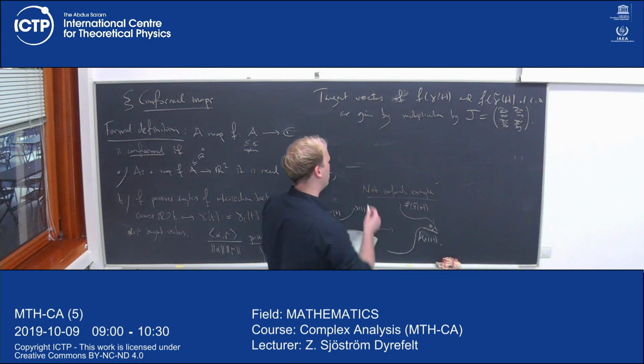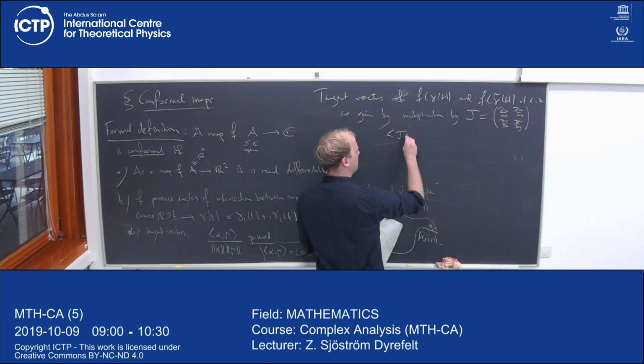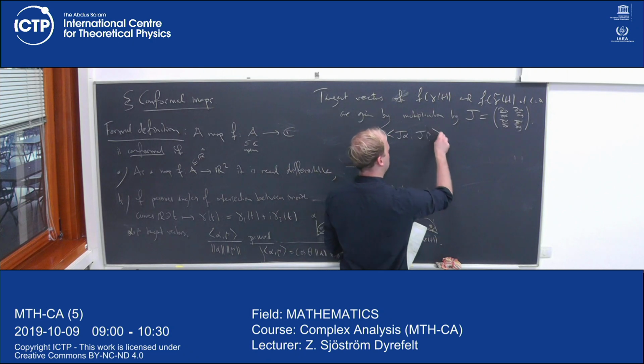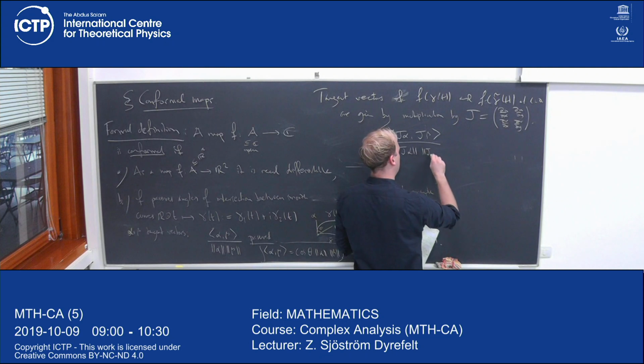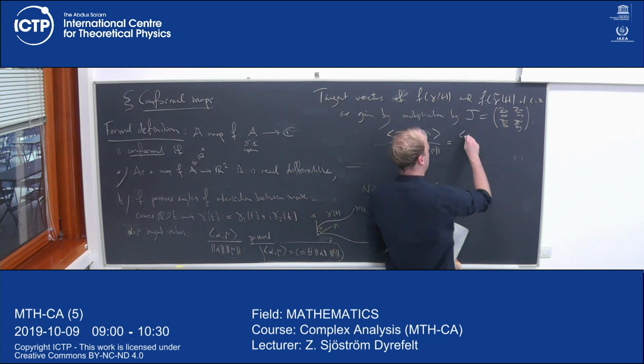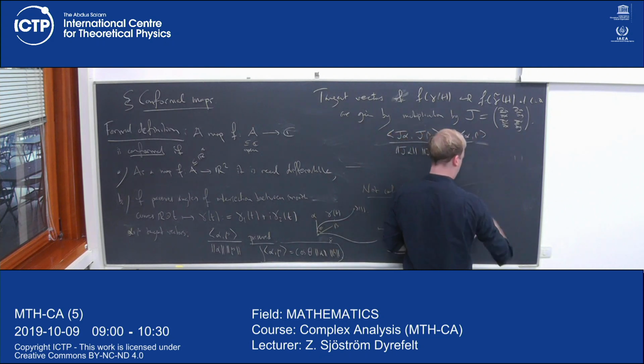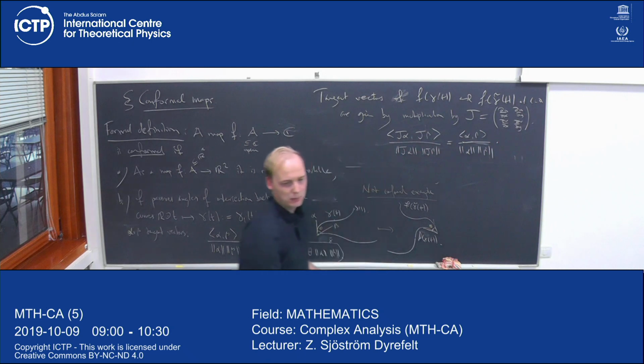Okay? So it means that instead you look at J times alpha, J times beta over the norms, so this becomes the condition.